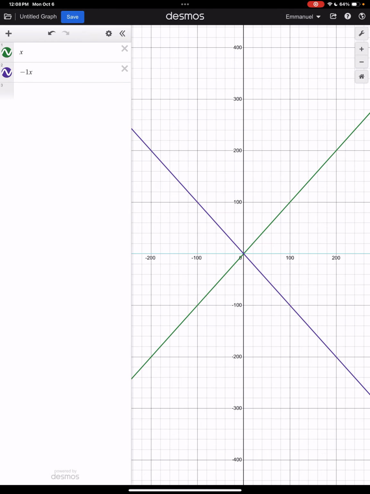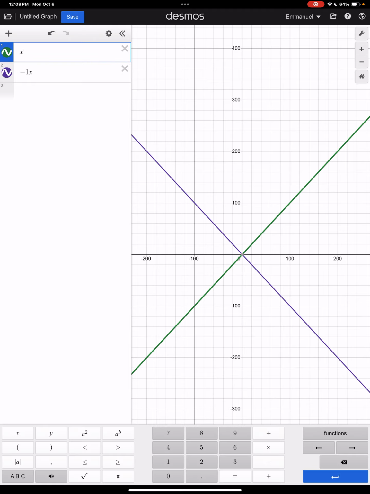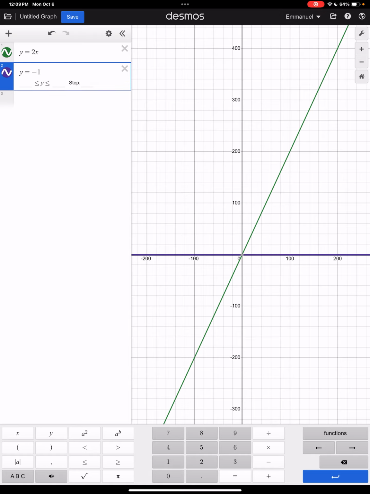These two lines cut each other and form a 90-degree angle. Let me use a less complicated example, because that example was pretty complicated. If I have a line y equals 2x, then this perpendicular line would be y equals minus 1 over 2x.